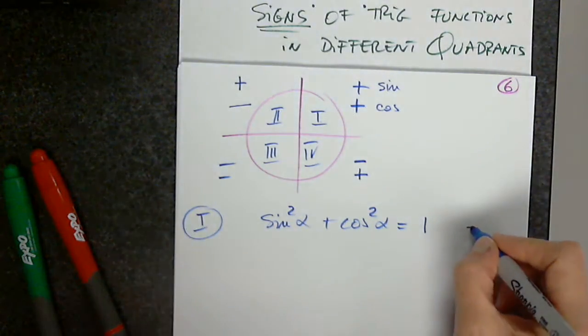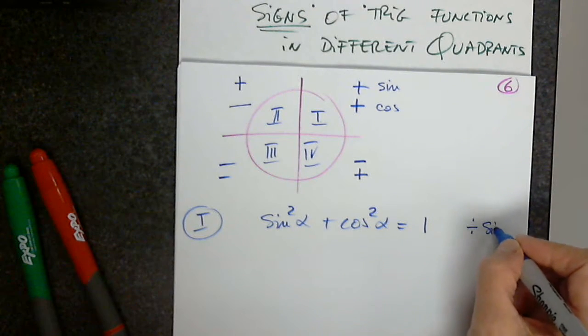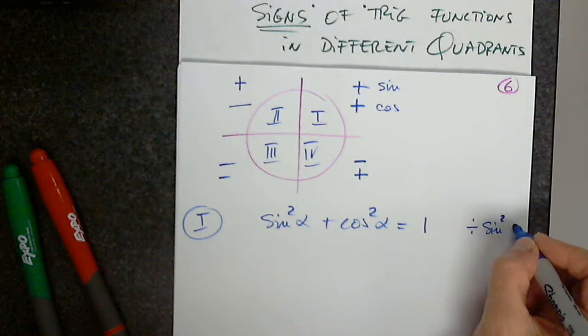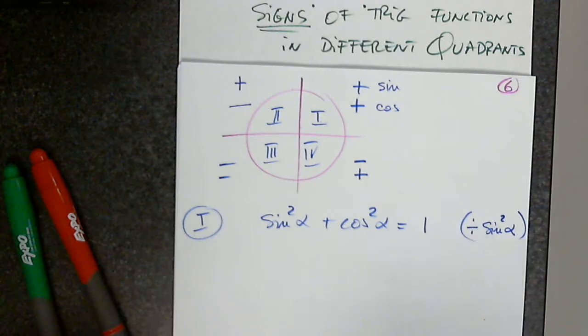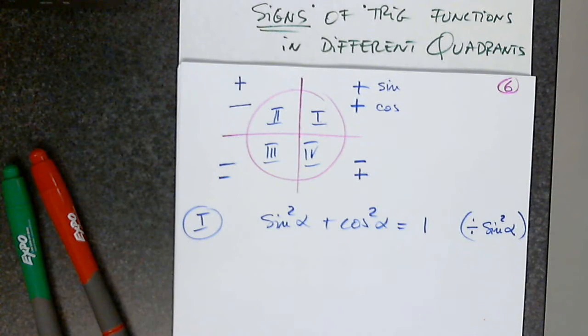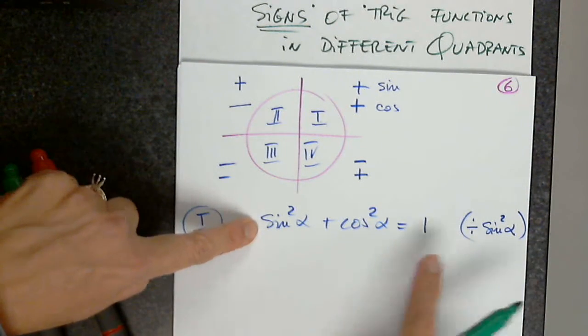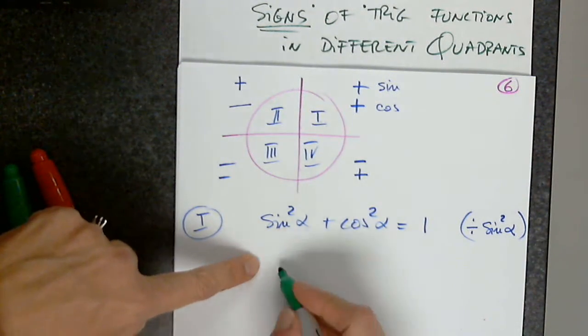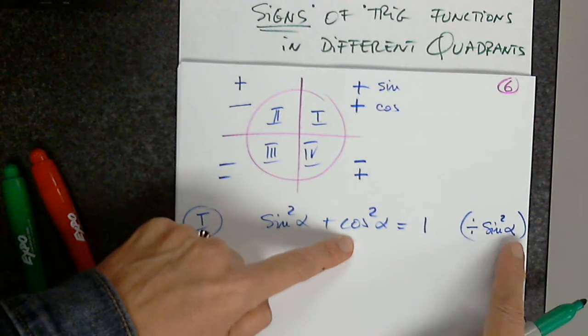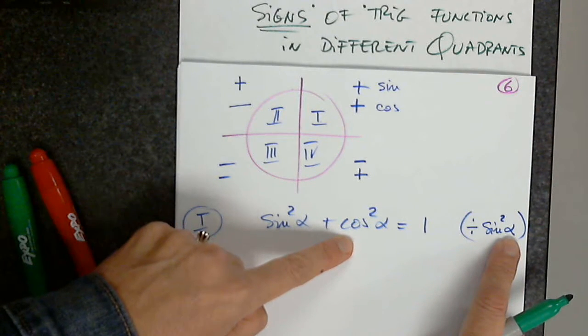I would like you to tell me what happens if we decide to multiply or divide both sides by sine squared. So please divide both sides by sine squared and tell me what you get. So sine squared over sine squared, how much is that? 1 plus cosine squared over sine squared, how much is that?